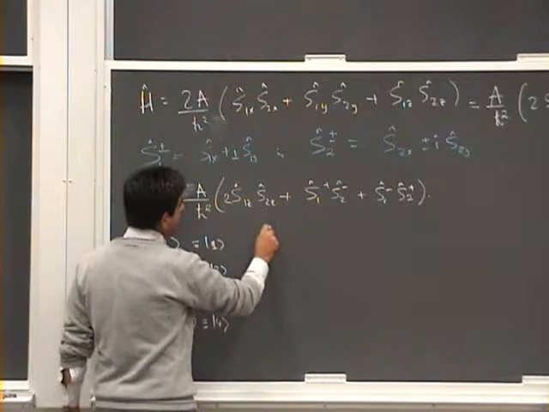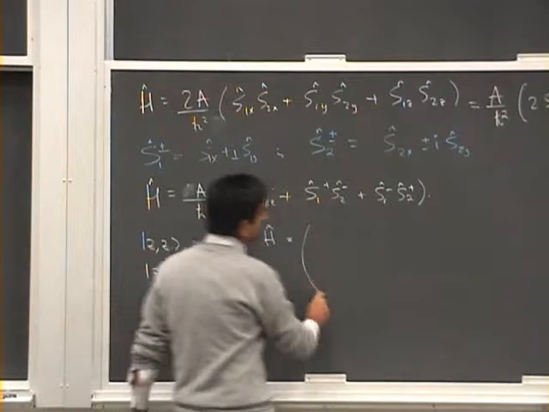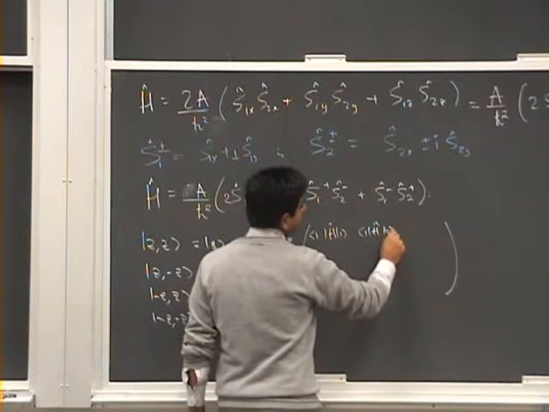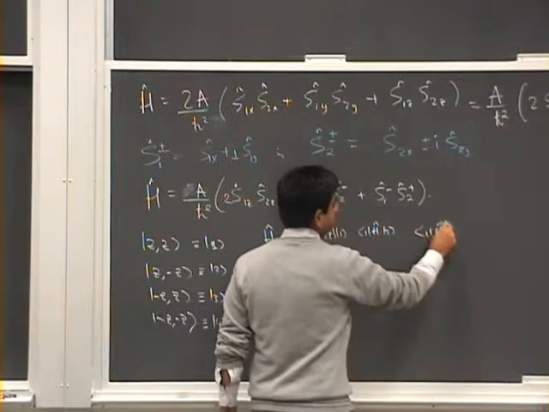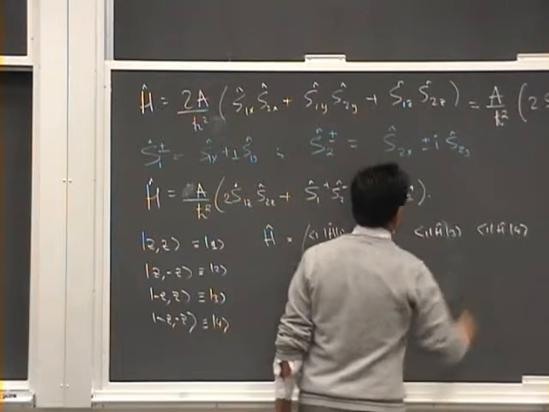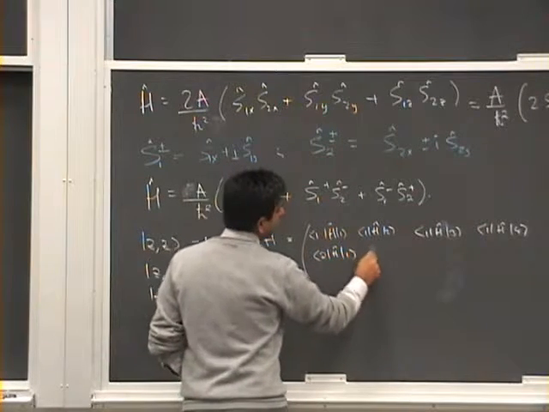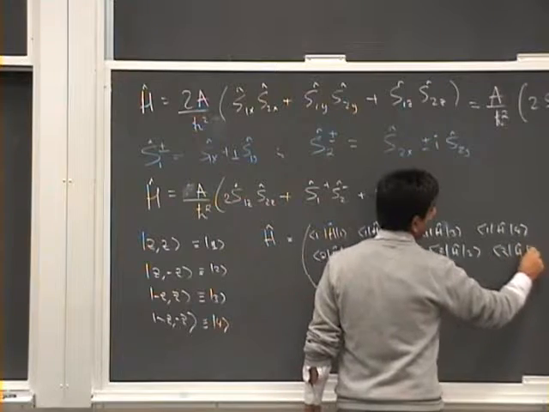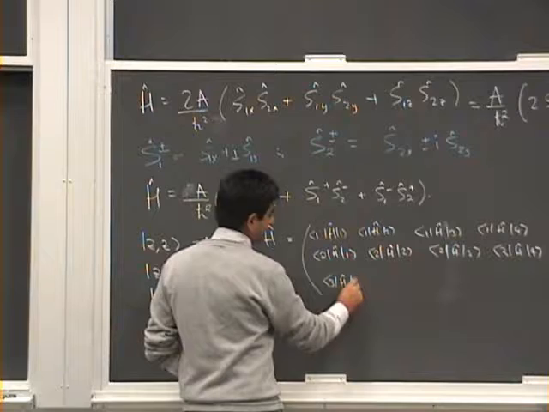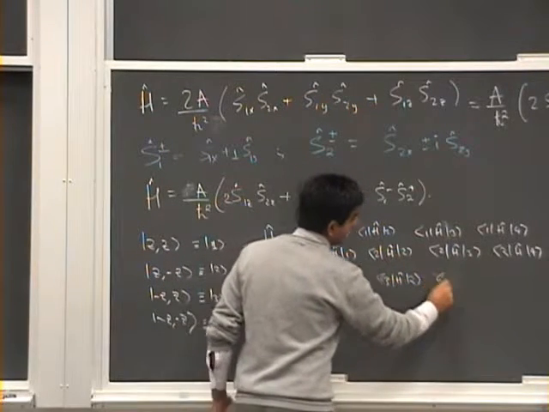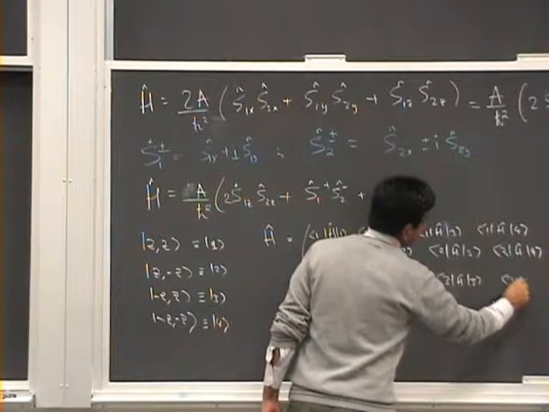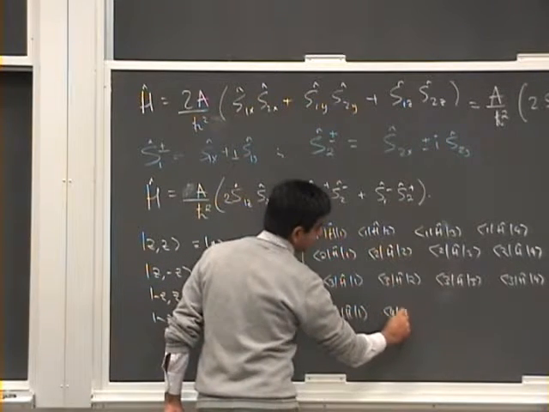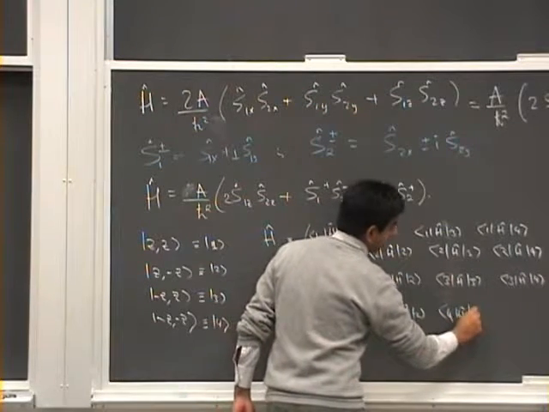So the Hamiltonian will really be a 4 by 4 matrix, and its terms will simply be the matrix elements: 1 H 1, 1 H 2, 1 H 3, 1 H 4, 2 H 1, 2 H 2, 2 H 3, 2 H 4, 3 H 1, 3 H 2, 3 H 3, 3 H 4, 4 H 1, 4 H 2, 4 H 3, 4 H 4.